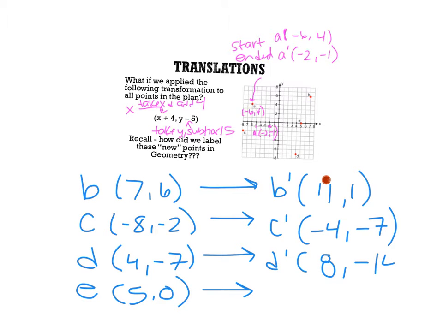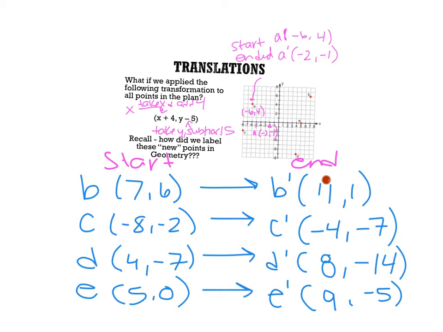Subtract 5, -1. And E prime, we're going to add 4, which is 9. Subtract 5, which is -5. So we have those points of where they started, and then the prime notation tells where those points ended. That notation will be very important as we move forward. That's how you will portray to me where the points started and where they ended after the translation.